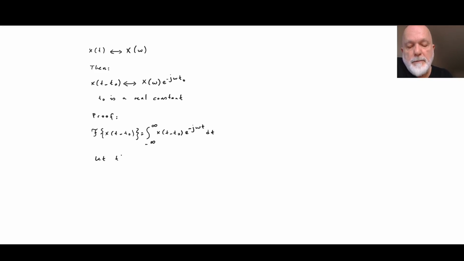Let t prime be t minus t0. So this integral becomes x of t prime e to minus j omega. Now t prime is equal to t minus t0, so t is equal to t prime plus t0.